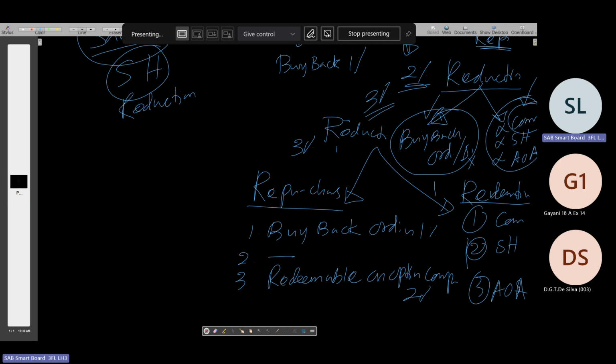Without the consent of the creditor, the company cannot reduce the stated capital. If it is reduced, it will have no value, no effect, because the company has violated the provisions contained in the agreement with the creditor. Therefore, the company has to get the consent of the creditor. Three things we have to mention. Then apart from that, what about Samartha?